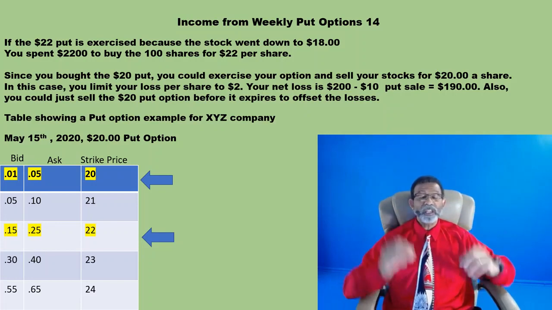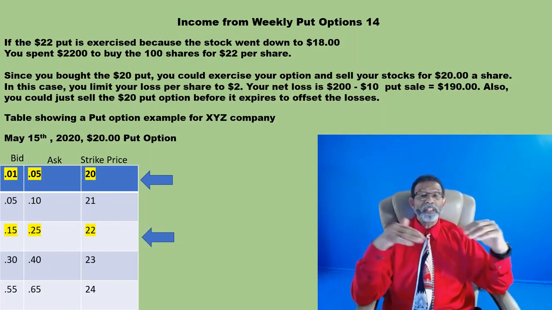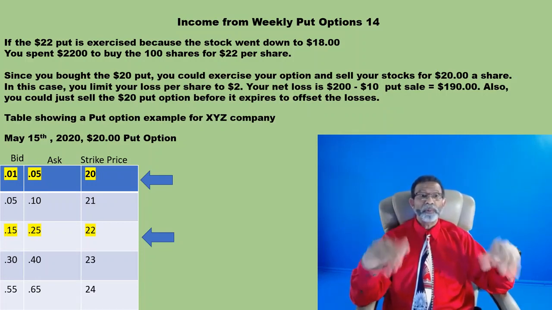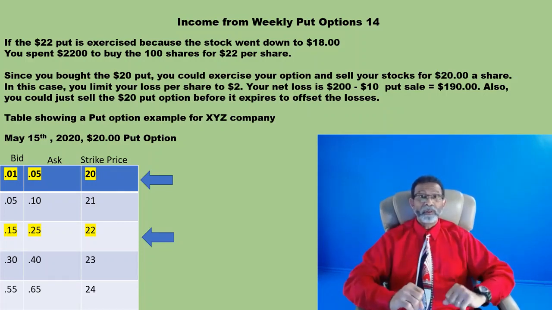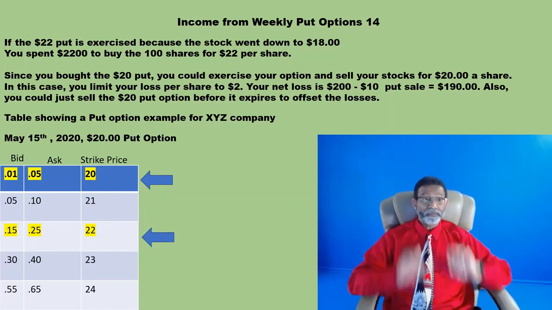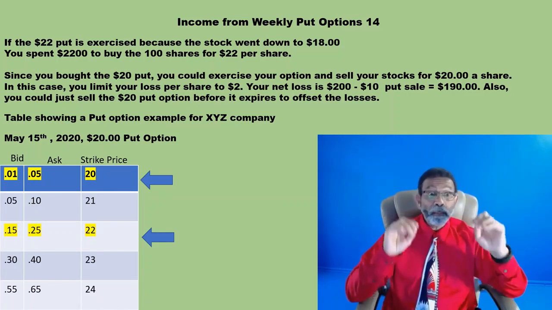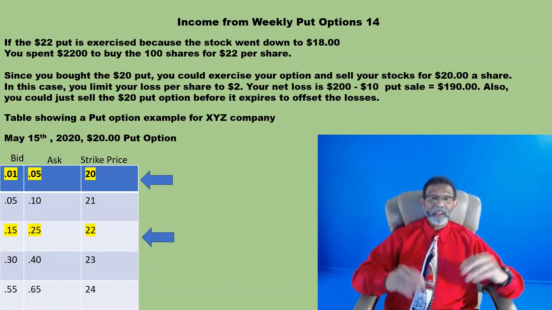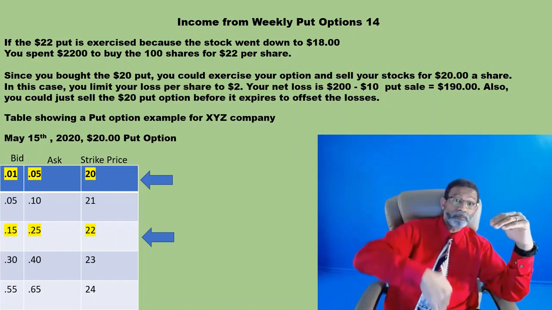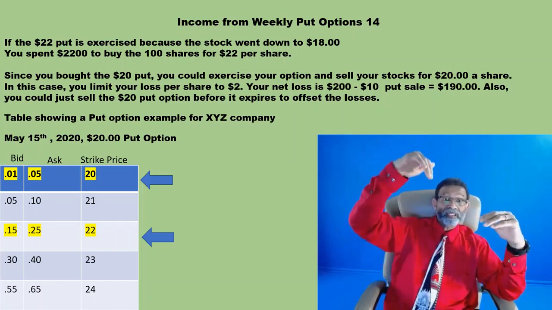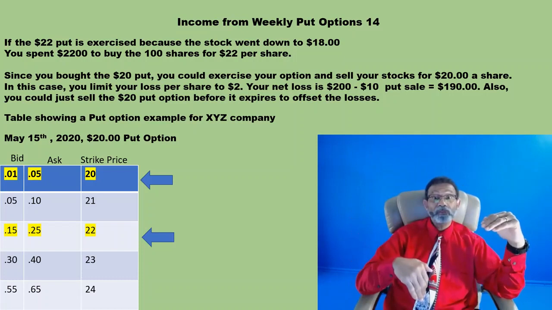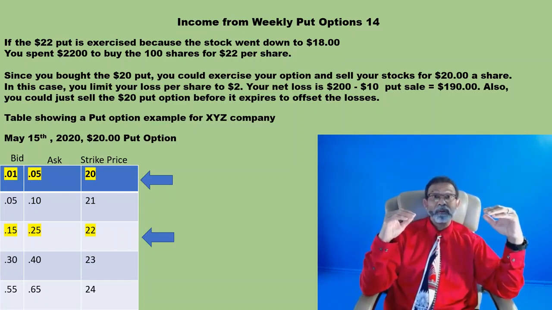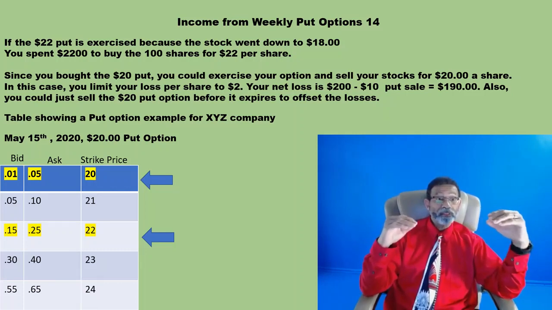Okay, to continue, assuming that you've sold the $22 cash secured put option. Now, look at this example. Now, if the $22 put option that you sold is exercised because the stock went down, let's say the stock went down to $18, which is below the $22 strike price.